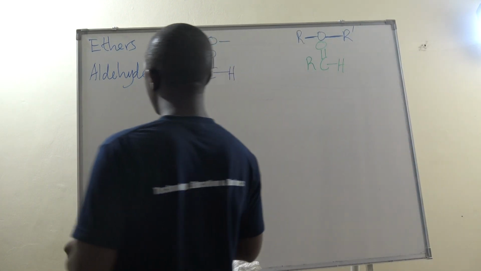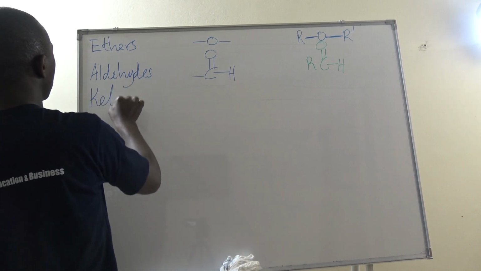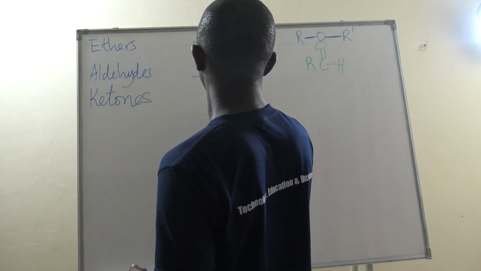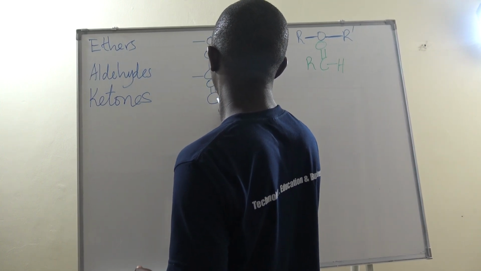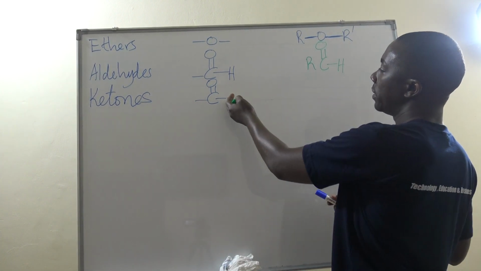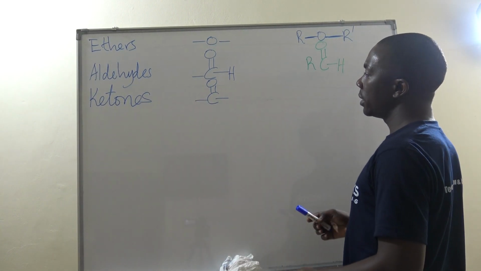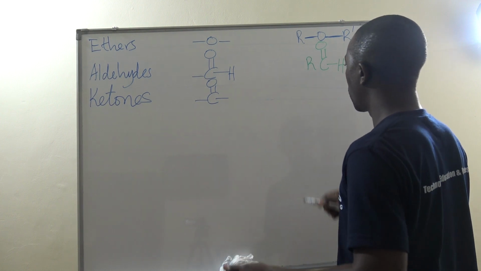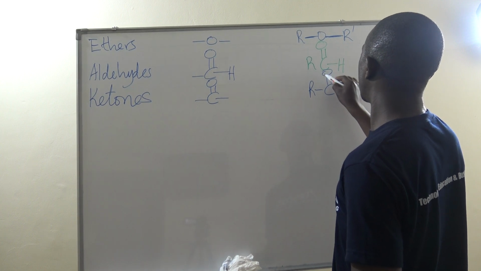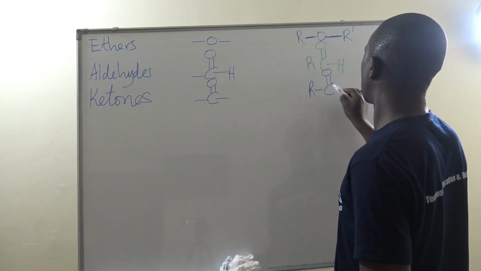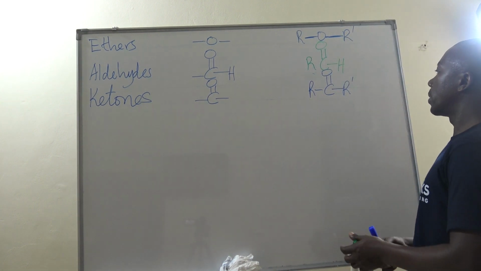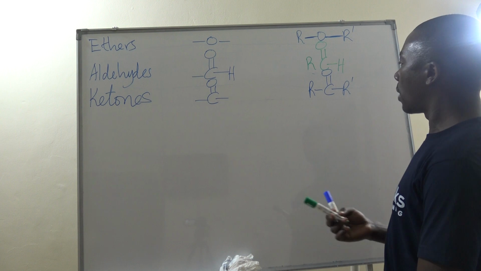Then from aldehydes, we go to ketones. The functional group of ketones is that one. Whatever is on this side could differ from the other side, or they could be the same. These Rs could be alkyls or aryl.